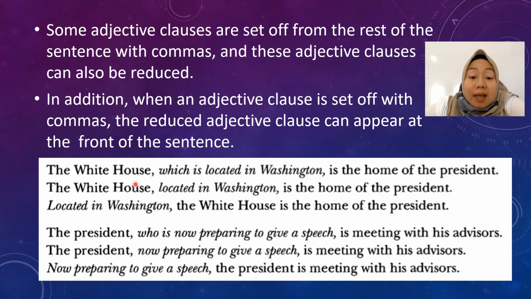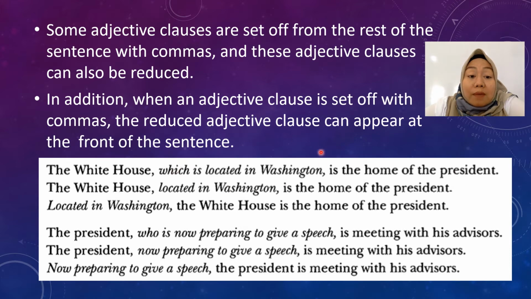The White House, which is located in Washington, is the home of the president. The adjective clause which is located in Washington is set off from the rest of the sentence with commas, right? It is written in between commas.